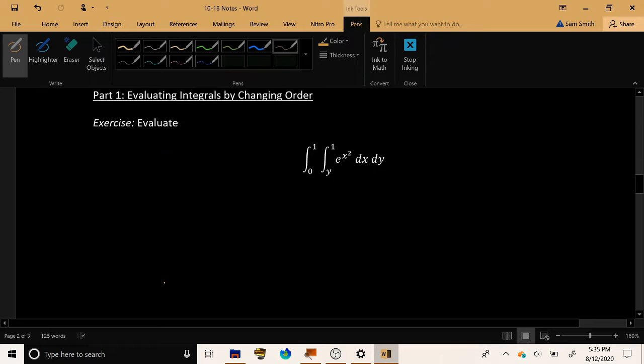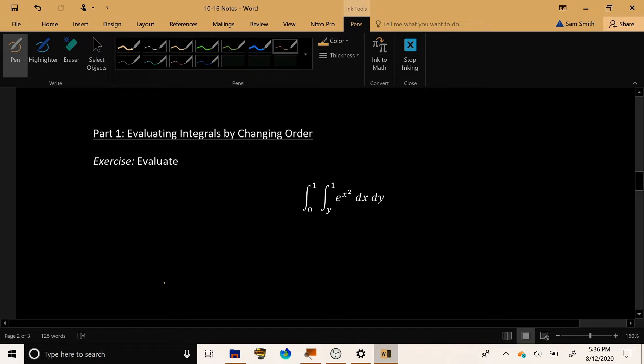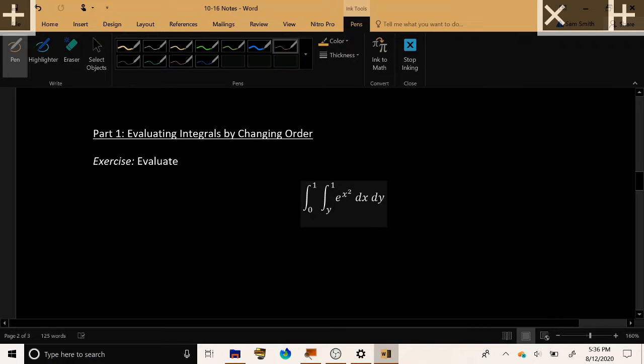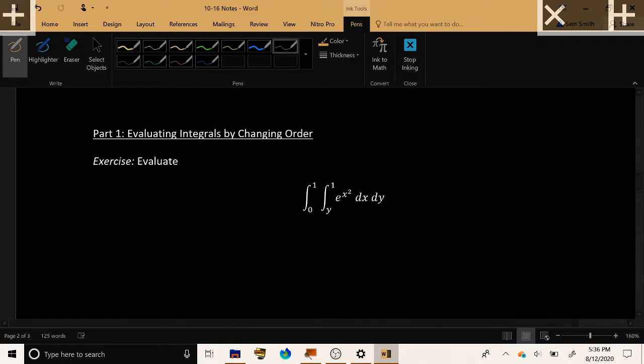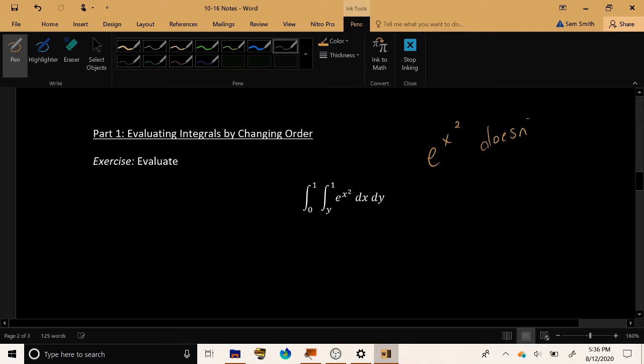Okay, so let's consider the following problem. Someone asked me to evaluate the integral from 0 to 1, integral from y to 1 of e to the x squared dx dy. But the immediate problem is that e to the x squared doesn't have an antiderivative with respect to x.